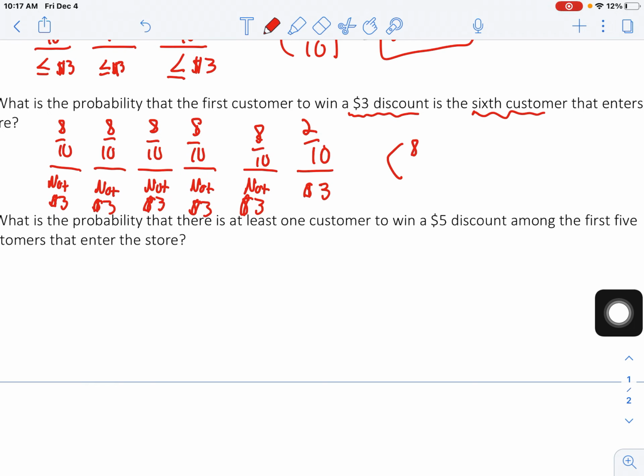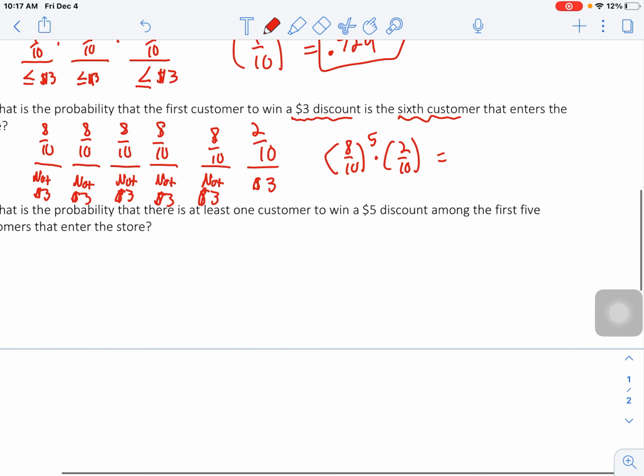So it's really 8 tenths to the 5th power. We still have to multiply this by 2 over 10. So using your calculator, you get a decimal that will approximate this to be about 0.066.